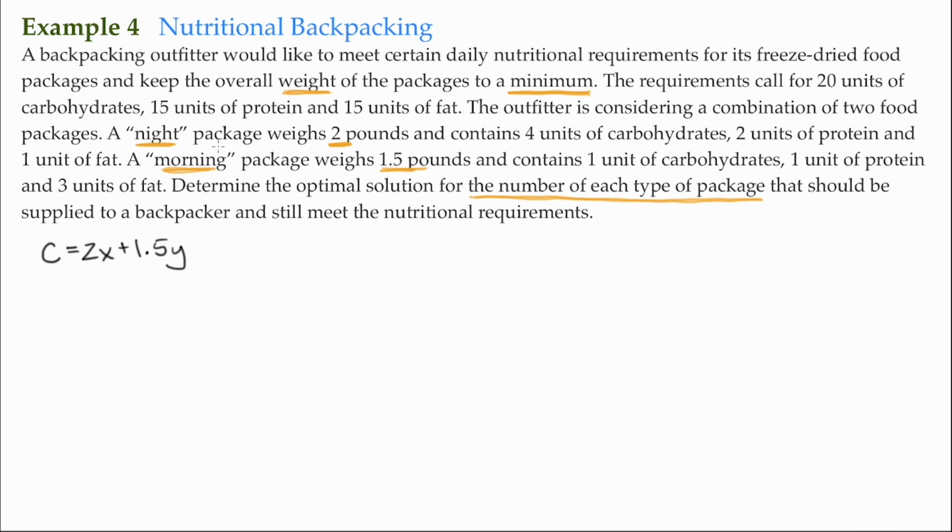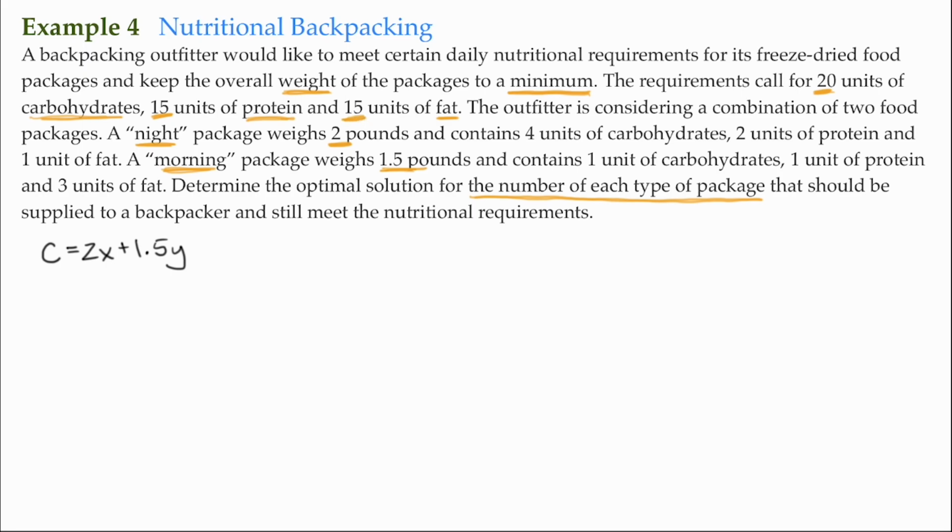And then the rows, those are the elements that are associated with the variables, and those are carbohydrates, protein, and fat. Also keep in mind that the totals are also going to be within our rows. We have 20 units of carbohydrates, 15 units of protein, and 15 units of fat.